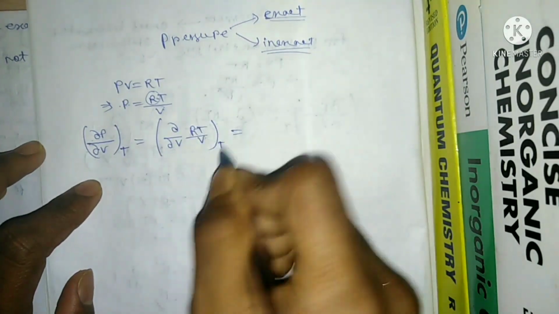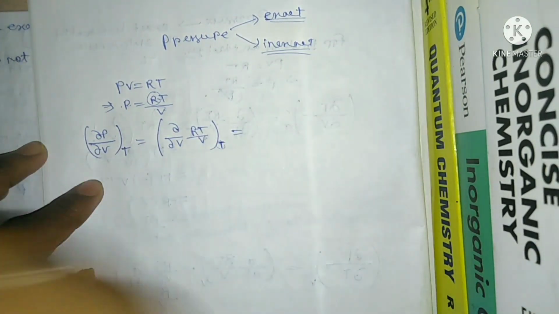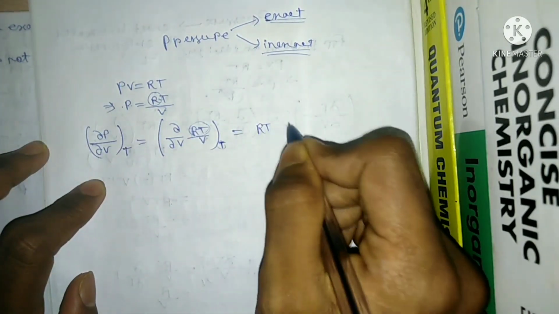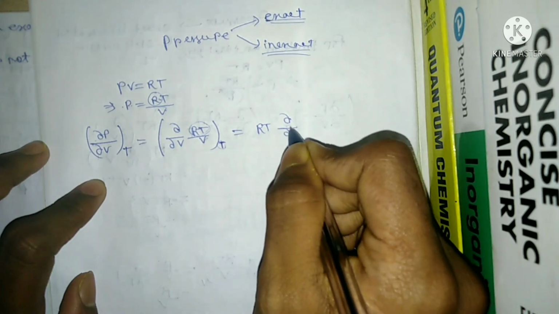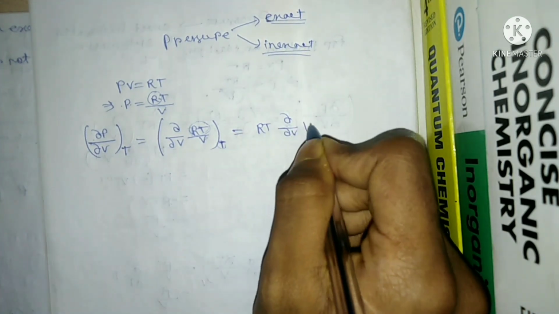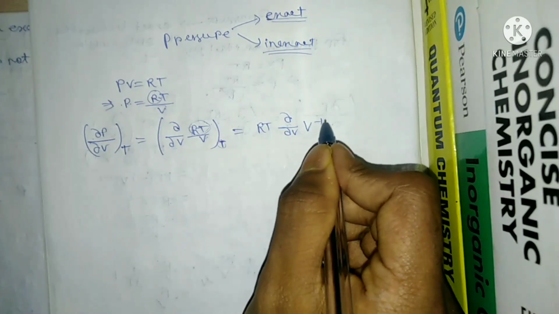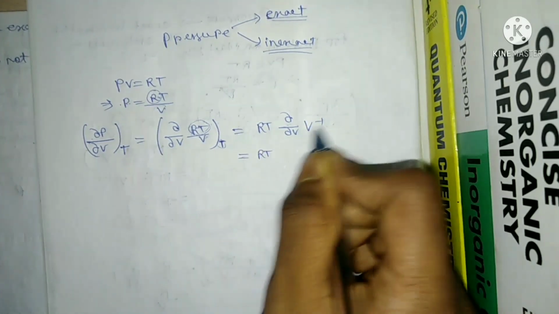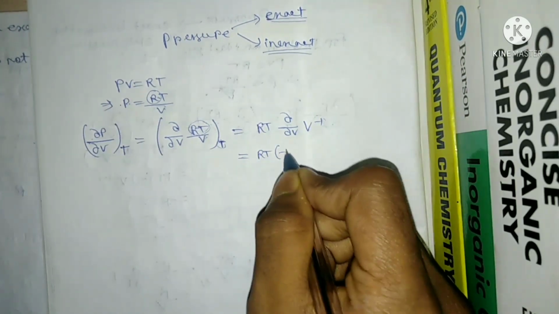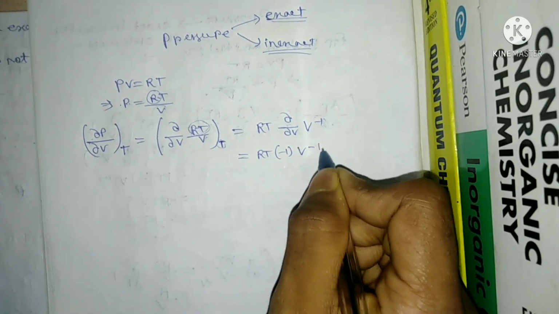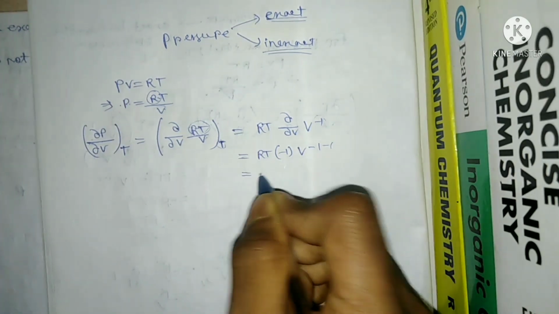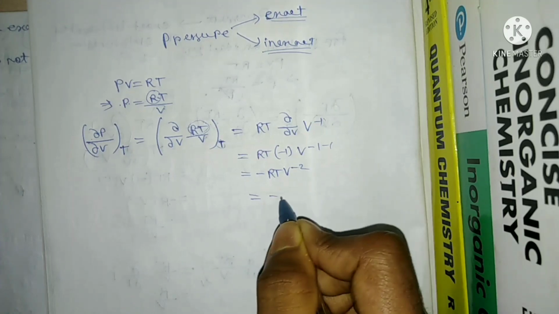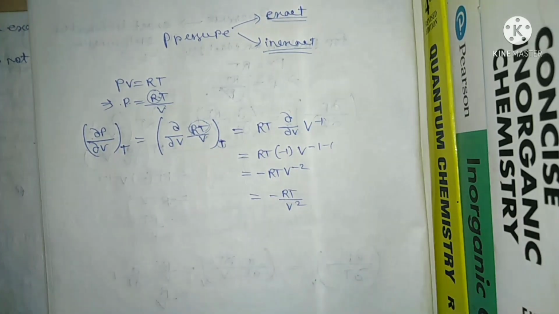T is constant and R is also constant, so RT goes out, and we differentiate V inverse, since 1 by V can be written as V to the power minus 1. So the result is minus RT V to the power minus 2, or minus RT by V square.